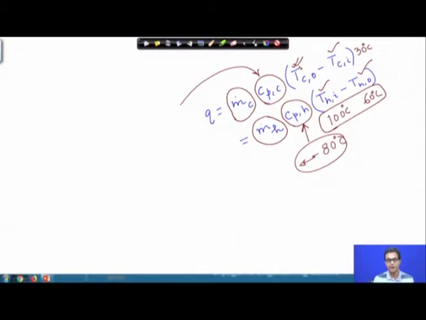We do not have an idea about the average temperature of the cold fluid. So, we will make an assumption, in this case, that the average temperature of the cold fluid is 35 degree centigrade.